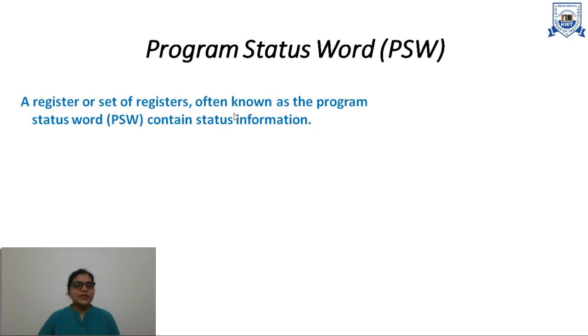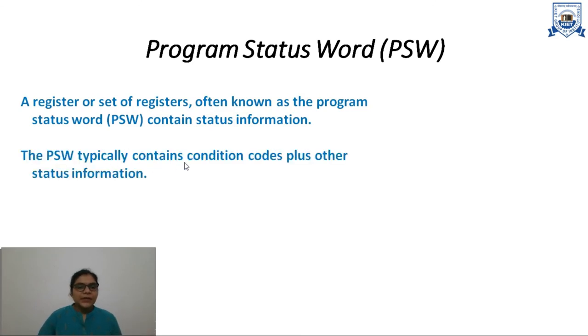Status information of recently computed results. PSW typically contains condition codes plus other status information. Condition codes: whether a number is positive, whether a number is negative, whether a zero result occurred, whether overflow occurred. These are the condition codes, and some other status flags are also there.